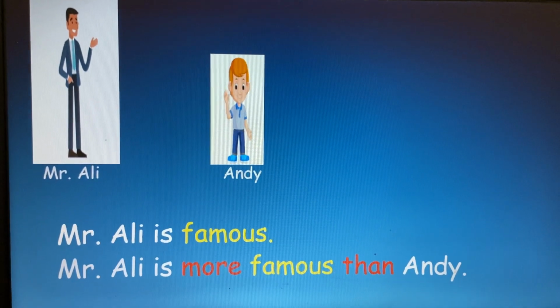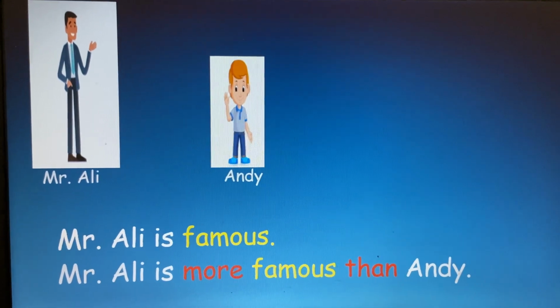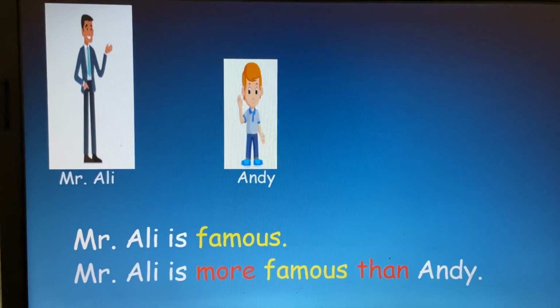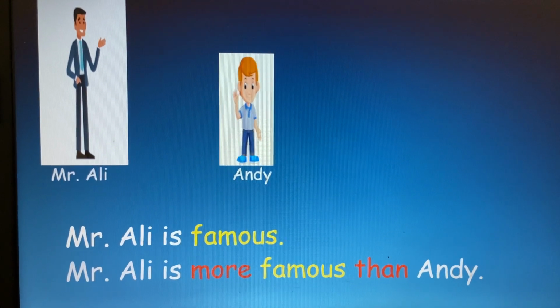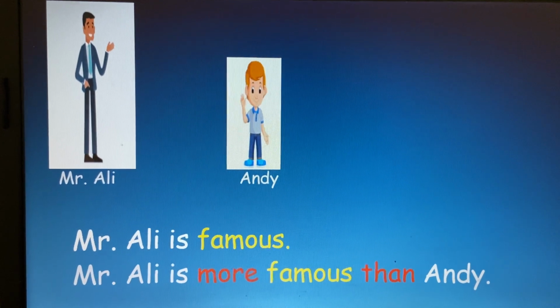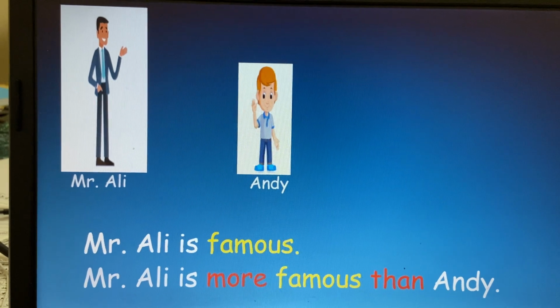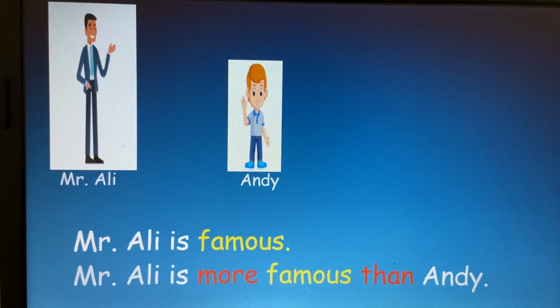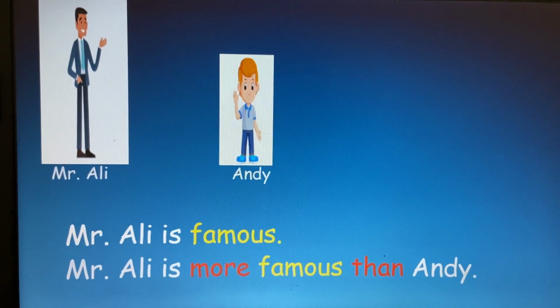Look at the adjective. The adjective is famous. It's the yellow word. We didn't add ER to the adjective because it's a long adjective. It has 3 vowels.